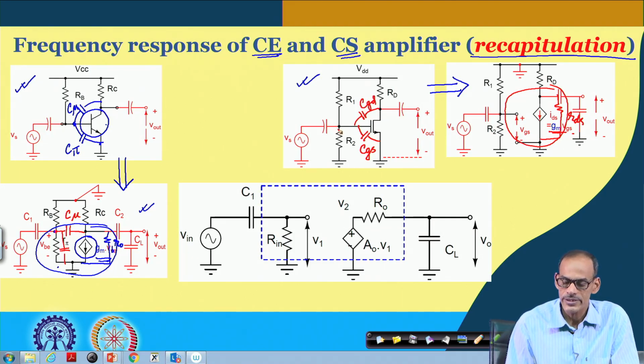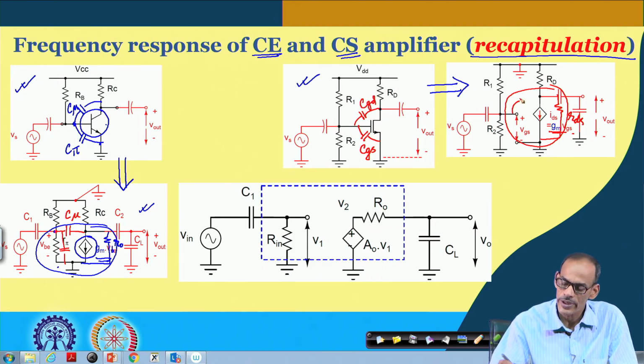If I consider CGS and CGD, we expect CGD here and CGS here.